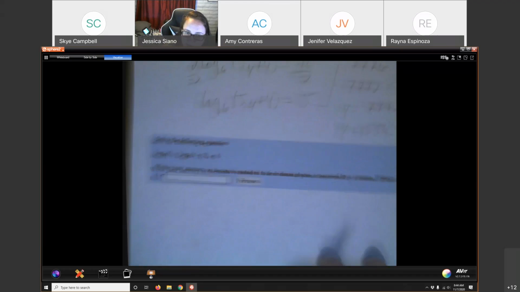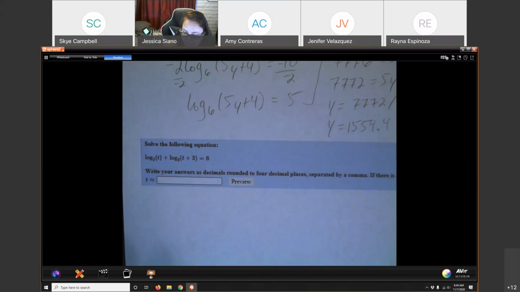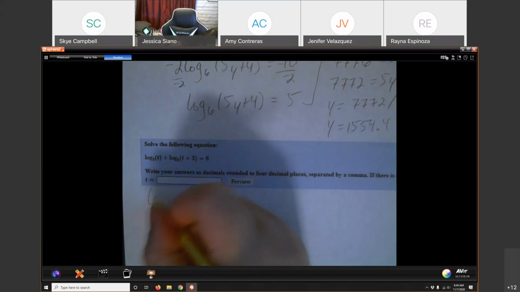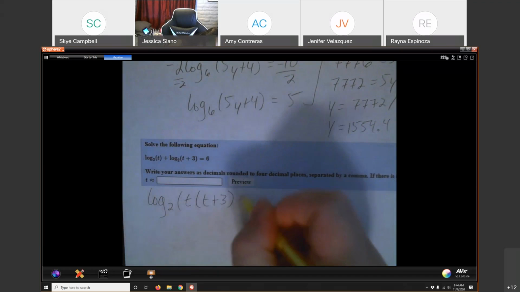If you have more than one log, then use your log rules to combine them so that you only have one log. So here, in order to combine these, when you add, you multiply. So this would become the log base 2 of t times t plus 3.